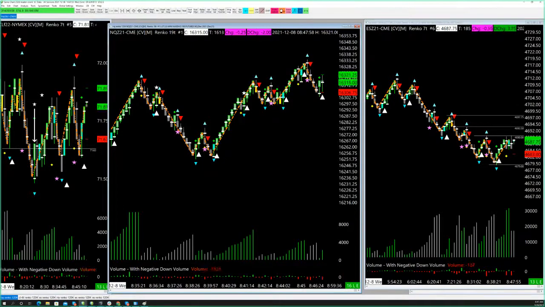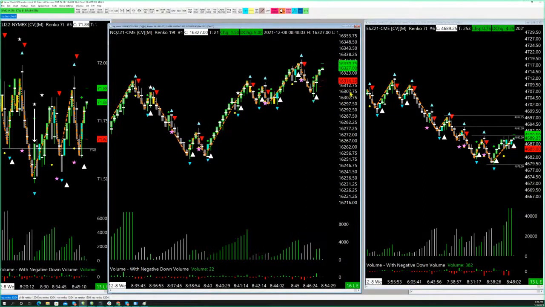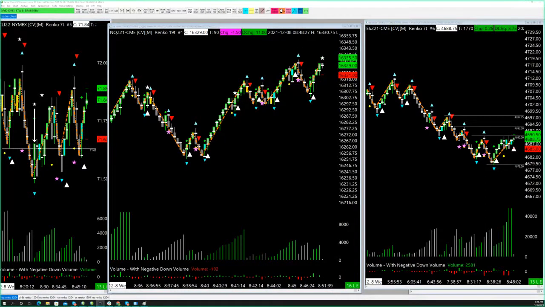Okay, now as soon as that prints, I'm going to look on my range bar predictor. So now I'm at 16 and a quarter, right? $16. Now I need 1, 2, 3.